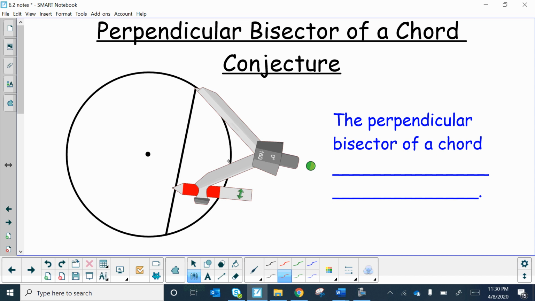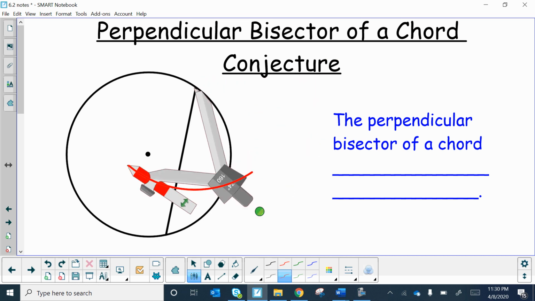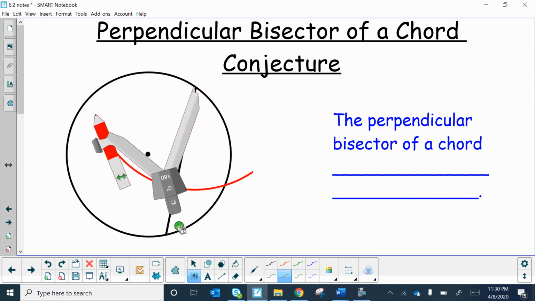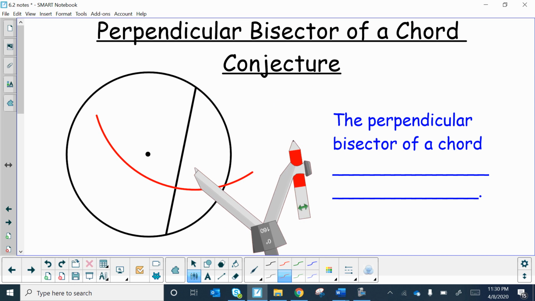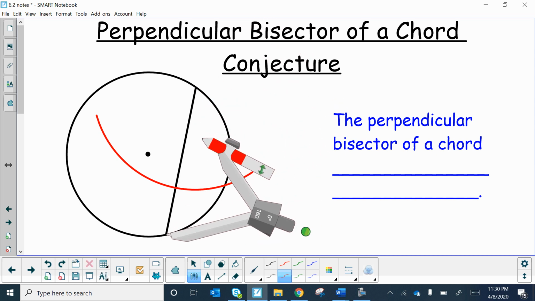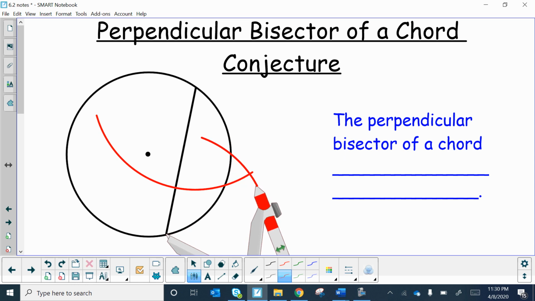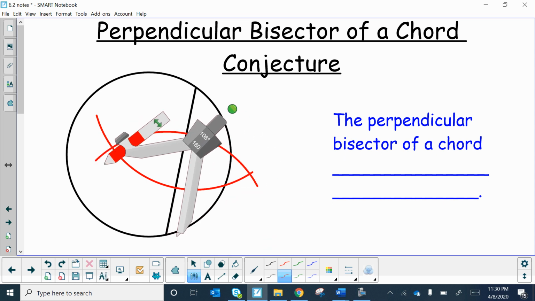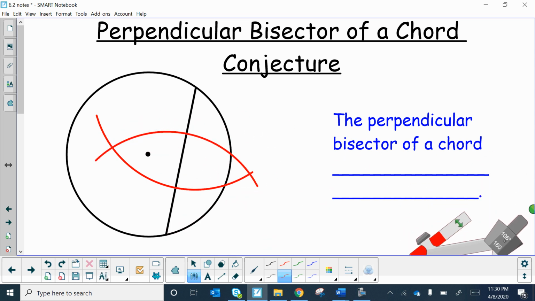And we are going to make a big arc. And then we're going to go to the other end. And then we're going to make another big arc. And then with your ruler, you can connect those two.